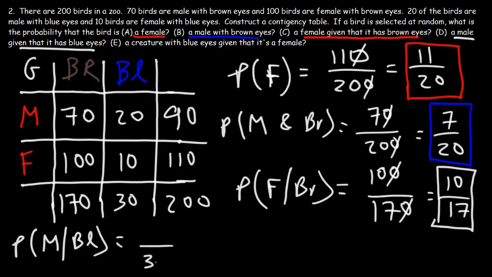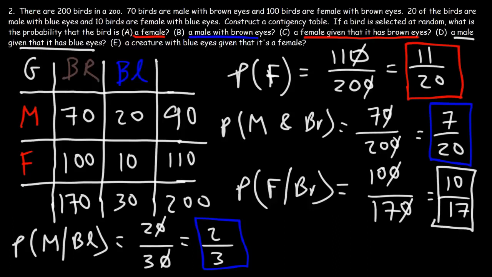So there's a total of 30 birds with blue eyes, 20 of which are male. So the probability of selecting a male bird, given that it has blue eyes, is 2 over 3. So as you can see, it's really not that difficult when calculating conditional probability if you understand the principles behind it.